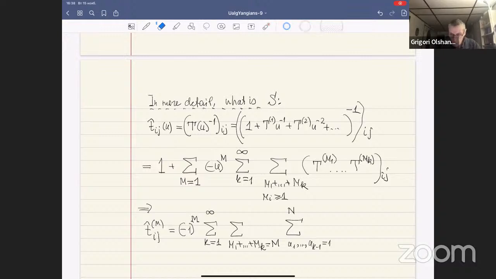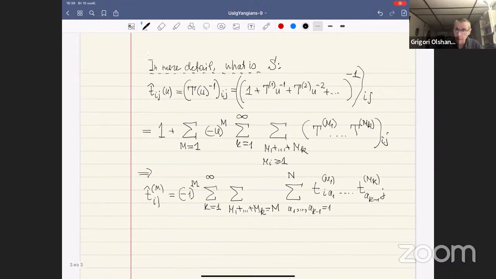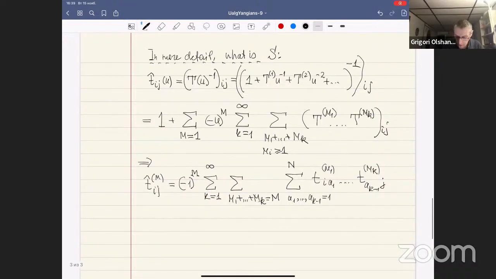And then we get T. So we get a rather complicated expression, which already explains that this operation, the antipode, is not so trivial. And in particular, some simplest cases.